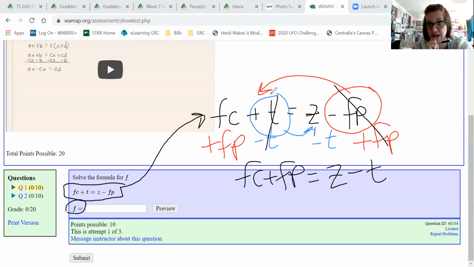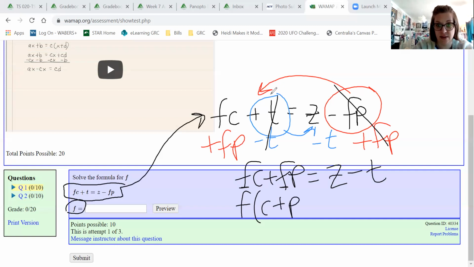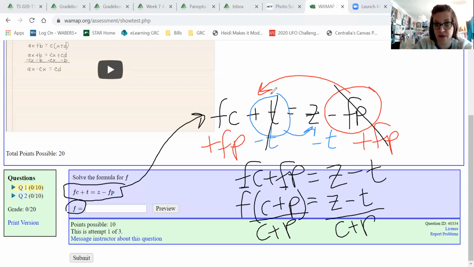Did you see what we did there? Now I'm going to factor out that F. See how there's an F in both of these? That's going to equal Z minus T. To get that F by itself, I'm going to divide by C plus P, and that's going to get rid of that.